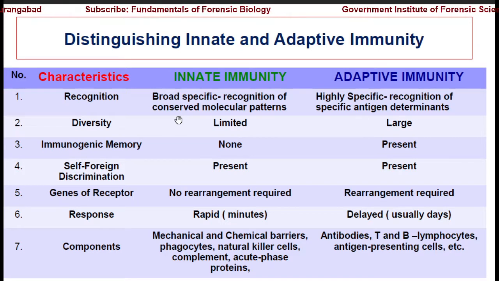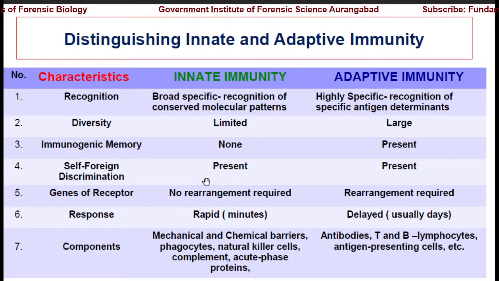Adaptive immunity is highly specific and its response is against a particular type of antigen, depending upon the structure and the component. Diversity: innate immunity is limited, while adaptive immunity shows a large diversity depending upon the type of antigen.